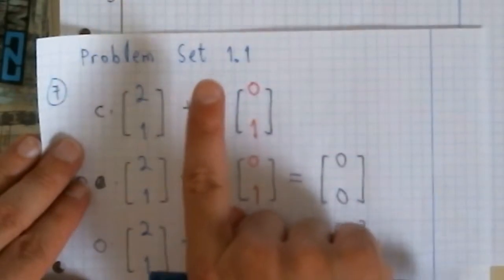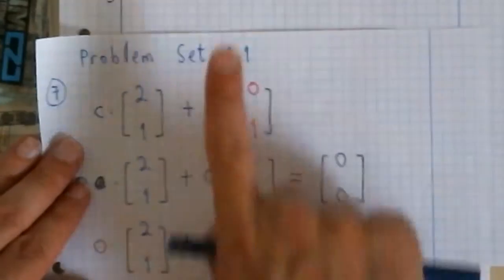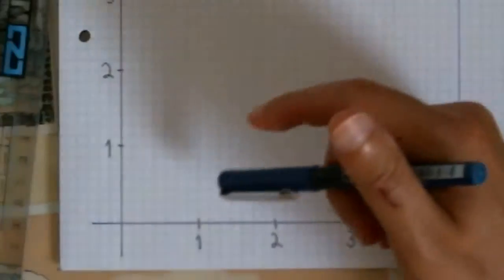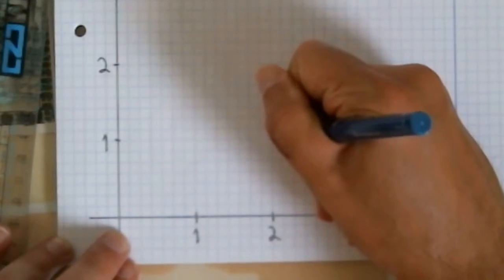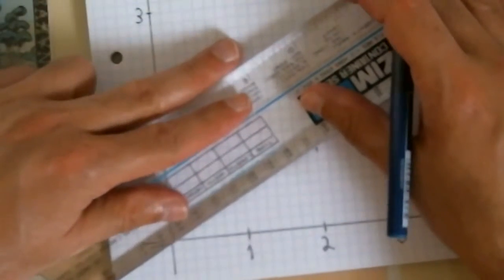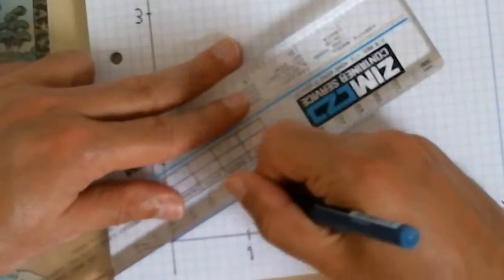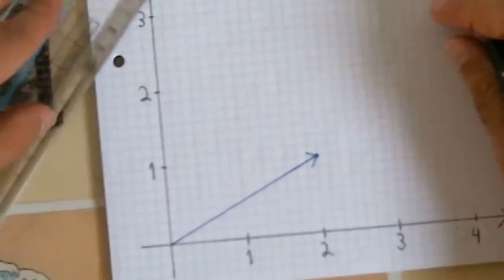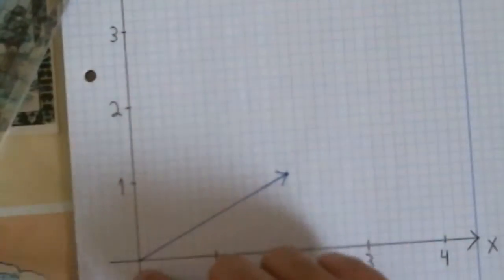So it's 1 unit upwards, okay? Because it's +1 and not -1. So it's 2 to the right and 1 upwards. So 1, 2, this is the blue vector, and 1 upwards to here. Let's make an arrow. Okay, this blue arrow is the blue vector, 2, 1.